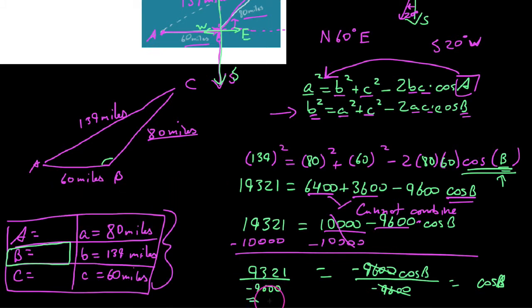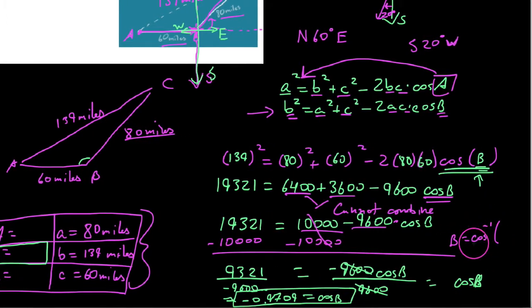So it's approximately negative 0.9709. If we had ever run across this in any former problems that we've done, we'd say, well, what we do now is just do the cosine inverse of both sides. So we get then b is equal to the cosine inverse of this thing right here, 9,321 over negative 9,600, which is approximately negative 0.9709.